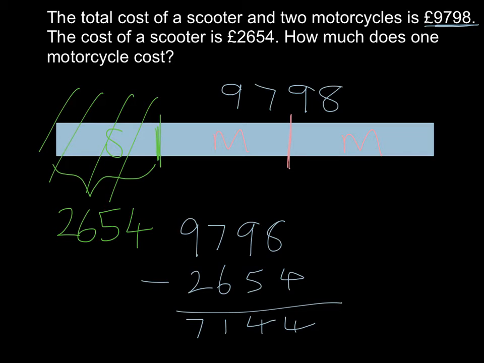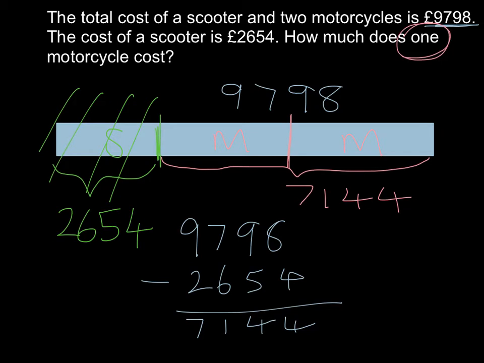Okay, so this portion here, what's left is £7,144. Have I answered the question yet? No. So if I look back up here, it says how much does one motorcycle cost, and I know that 2 cost £7,144.